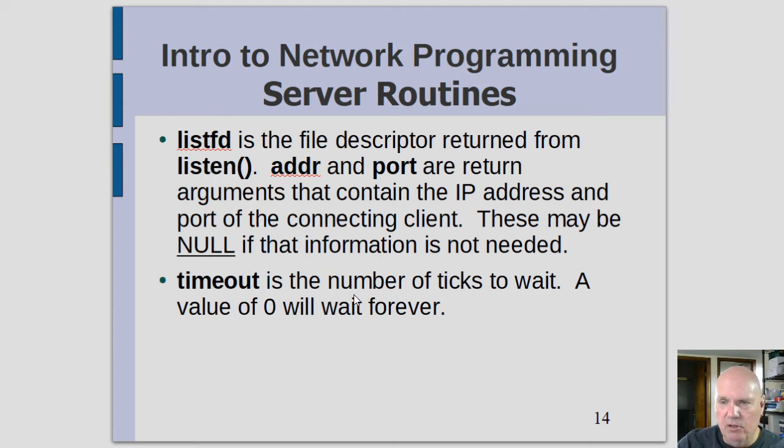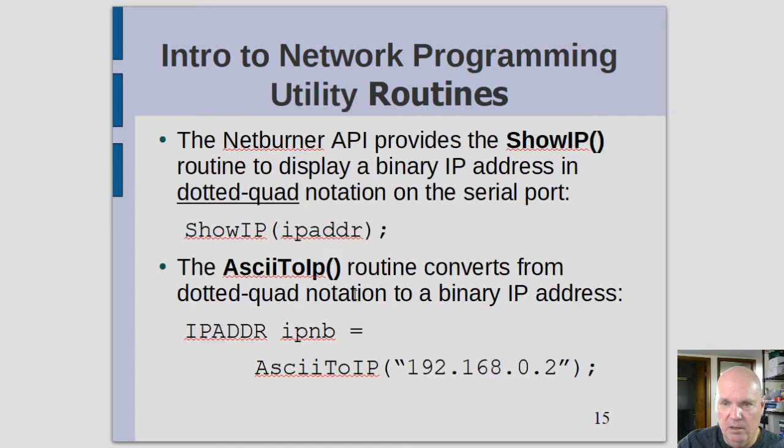Again, often you can just use a null value for those because we don't really need that information to communicate with the client. You may want to get it and print it out as useful information as part of the server, but you don't often need that information to do communication. And then timeout is the number of ticks to wait.